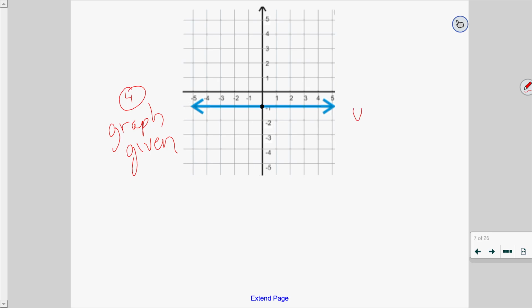A ton of people are going to ask questions when we have this on a quiz or a homework, and you're going to be like, I don't get it. But there's no work to show for it. All right, let's do vertical.